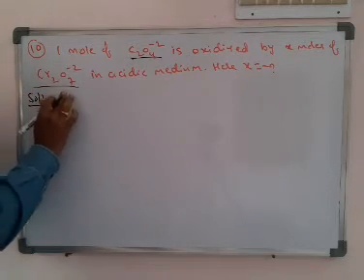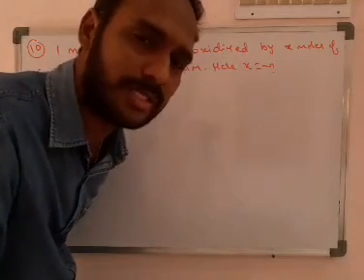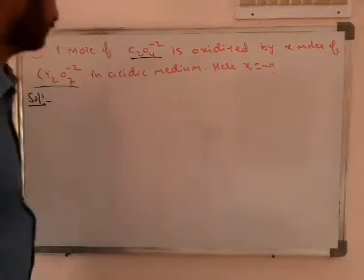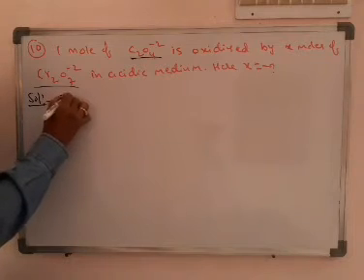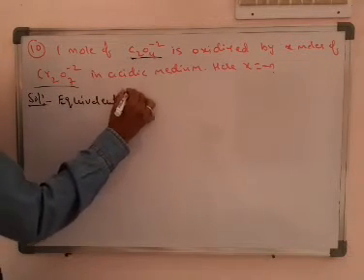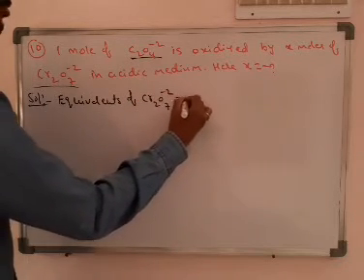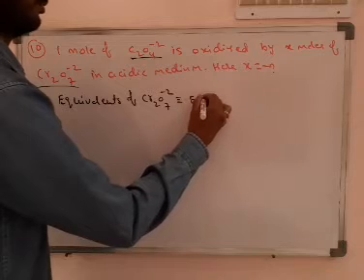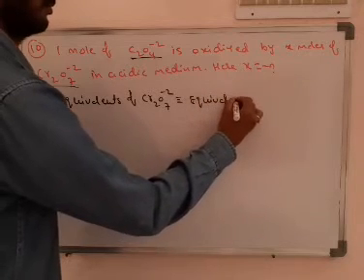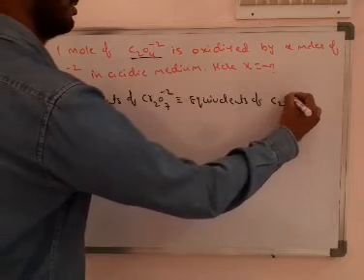We know that potassium dichromate is also a good oxidizing agent, just like KMnO4. So here we have to compare equivalence. Equivalence of dichromate equals equivalence of oxalate.